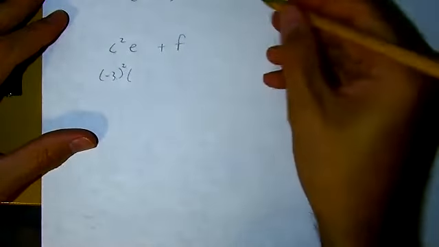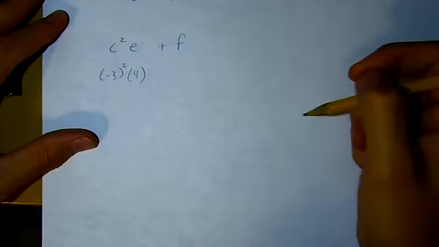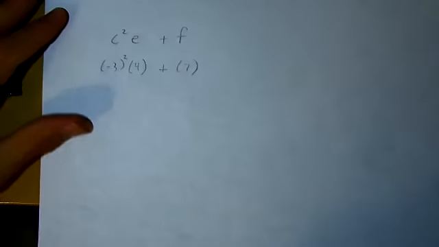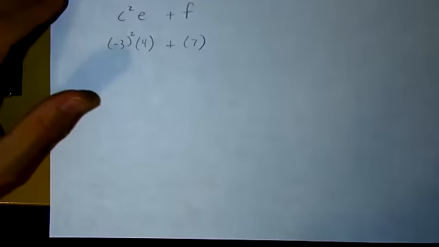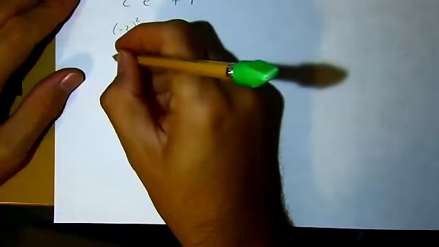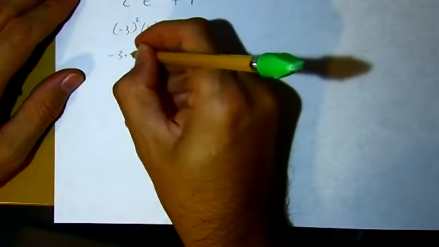Now we plug in for E, which is 4, plus F, which is 7. Now those parentheses aren't going to do anything, so it doesn't matter if you put those there or not. These you need over here. So -3 squared is -3 times -3.